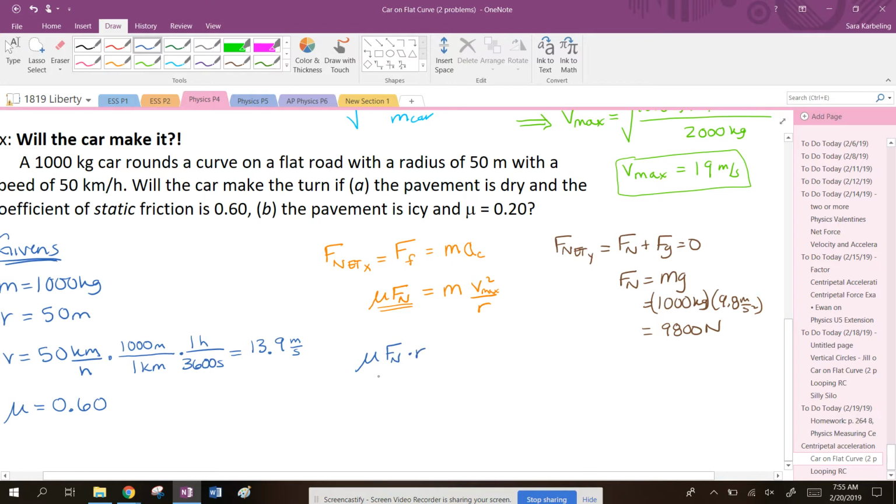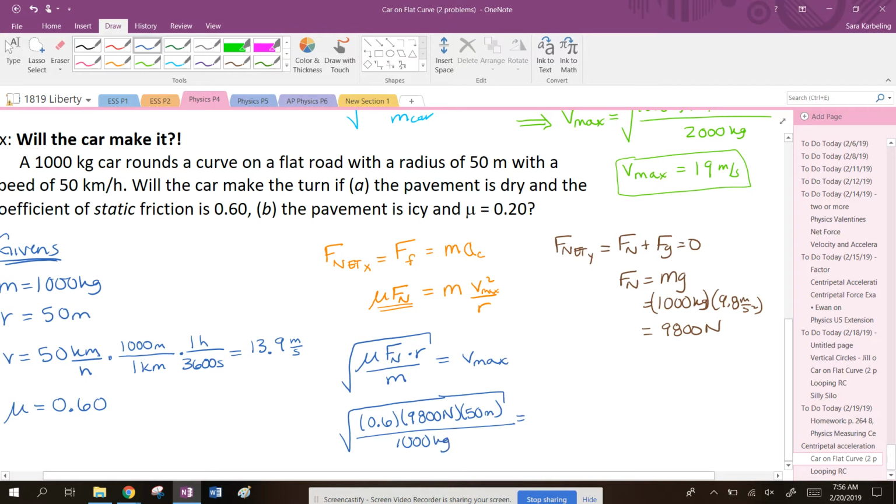We're doing the same algebra that we did last time. So 0.6 times 9,800 newtons times a radius this time of 50 meters, divided by a mass of 1,000 kilograms.